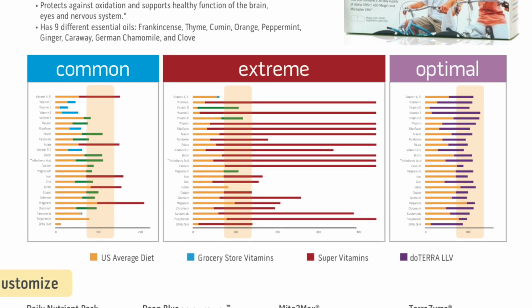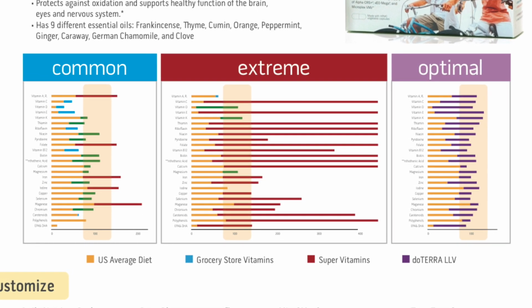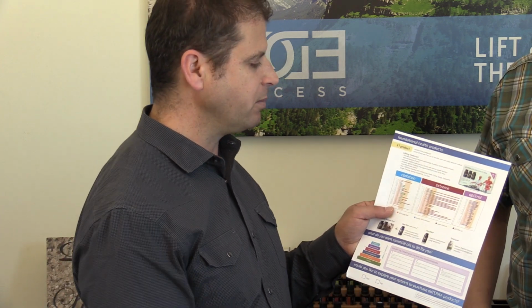Or if you're using extreme or super vitamins, for example, those are probably overloading your body, and over long periods of time that can create some problems. And then it's demonstrating how doTERRA's Lifelong Vitality is hitting the optimal levels of health.